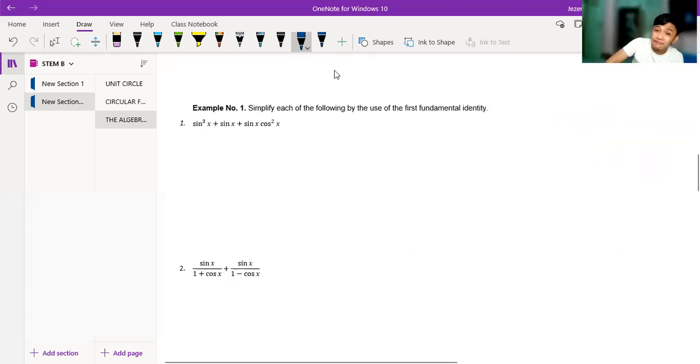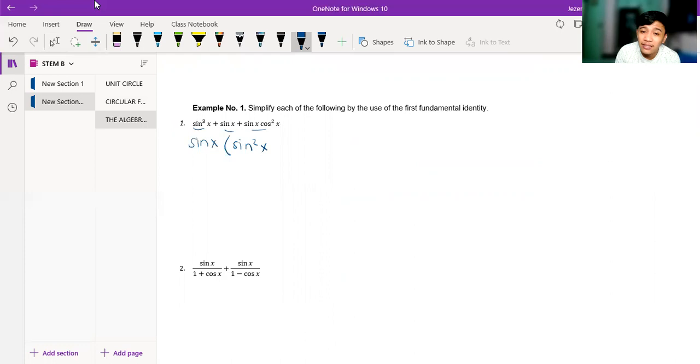We will simplify first. Number 1, simplify each of the following by the use of the first fundamental identity. So, we will simplify this, given: sine cubed x plus sine x cosine squared x. Okay? We see that sine is present in all of them. Therefore, we can factor out sine x. Sine cubed x divided by sine x is sine squared x.